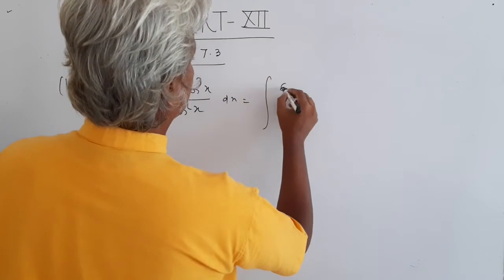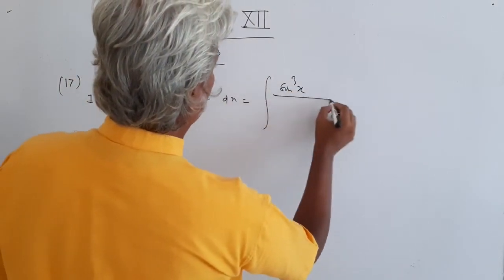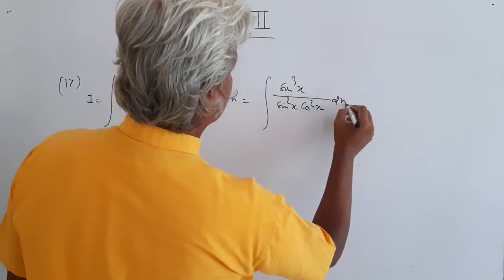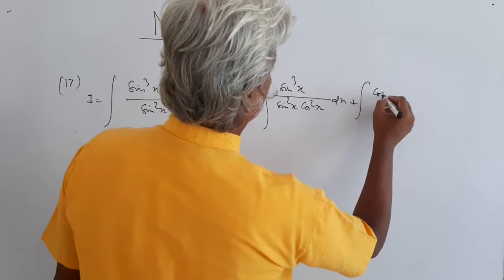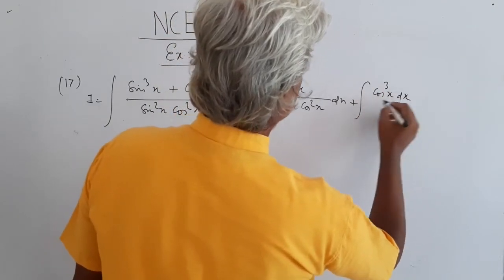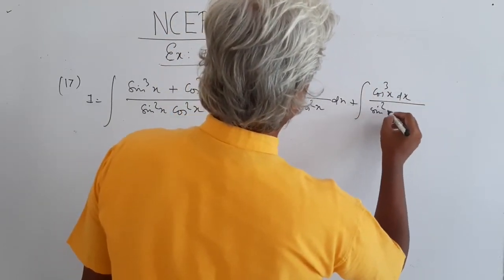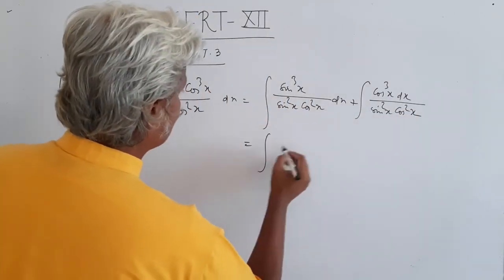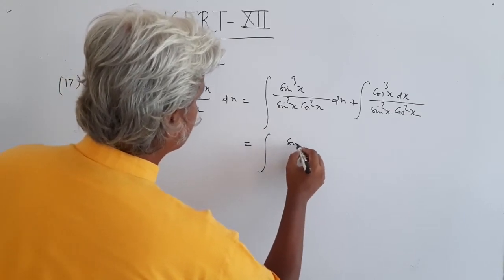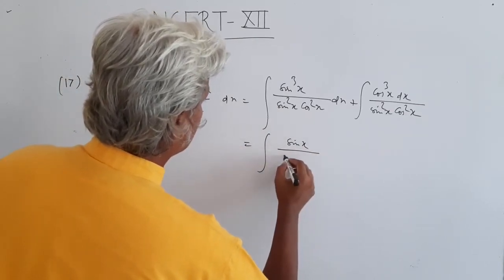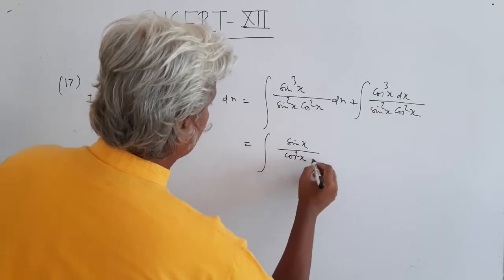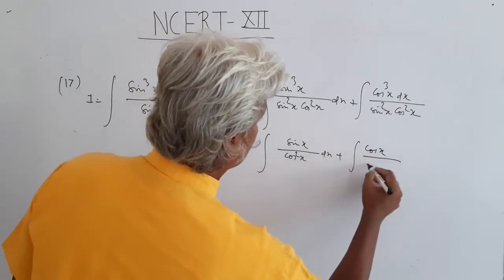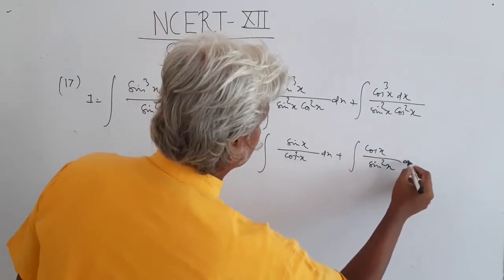So just write here integration of sin cube x over sin square x cos square x dx plus integration of cos cube x dx over sin square x cos square x. That gives you the idea of sin x over cos square x dx plus cos x over sin square x dx.